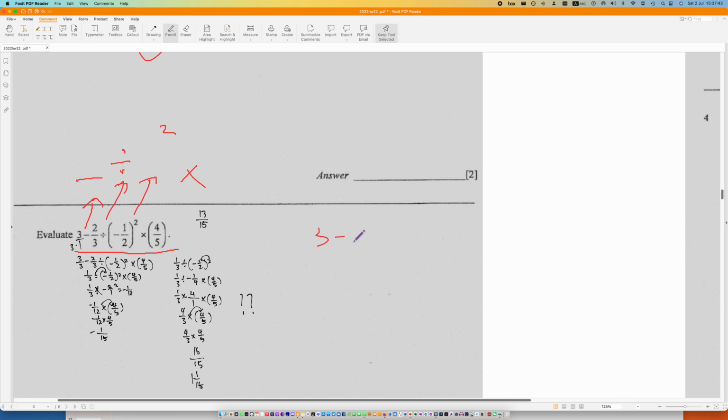Yes. So, the rest copy down. What do you get out of the square? 1/4.